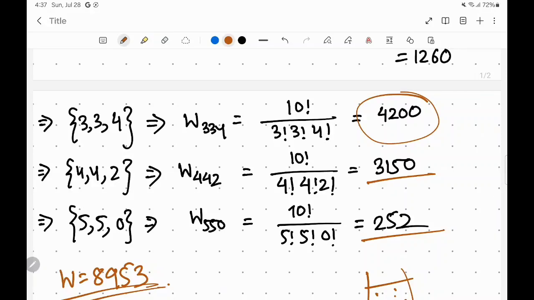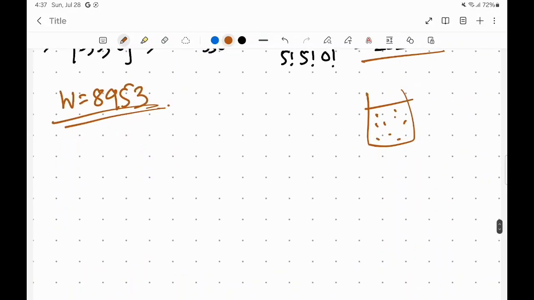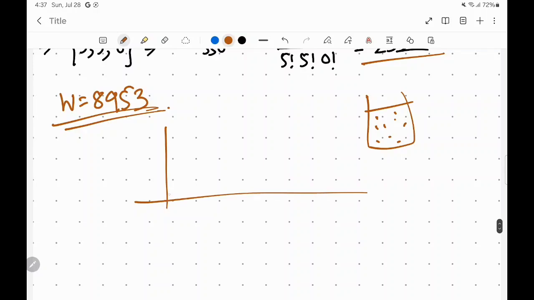But if the number increases significantly, then the plot actually looks like this. Do you know the delta function? No? Okay, it will look like a delta function.